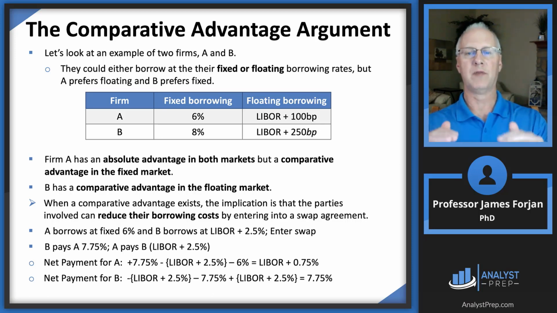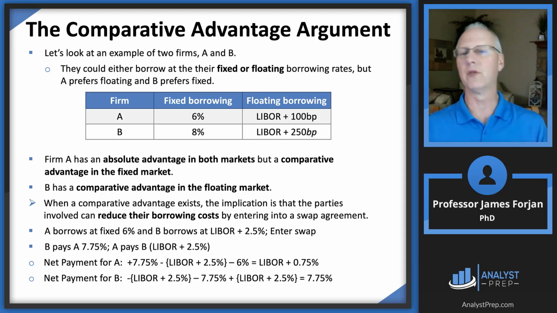Because look up above the table, A has this absolute advantage, but A prefers to issue a floating rate bond, and B, just conveniently, prefers to issue a fixed rate bond. Okay, maybe A believes that interest rates are going to fall, and B believes that interest rates are going to rise.